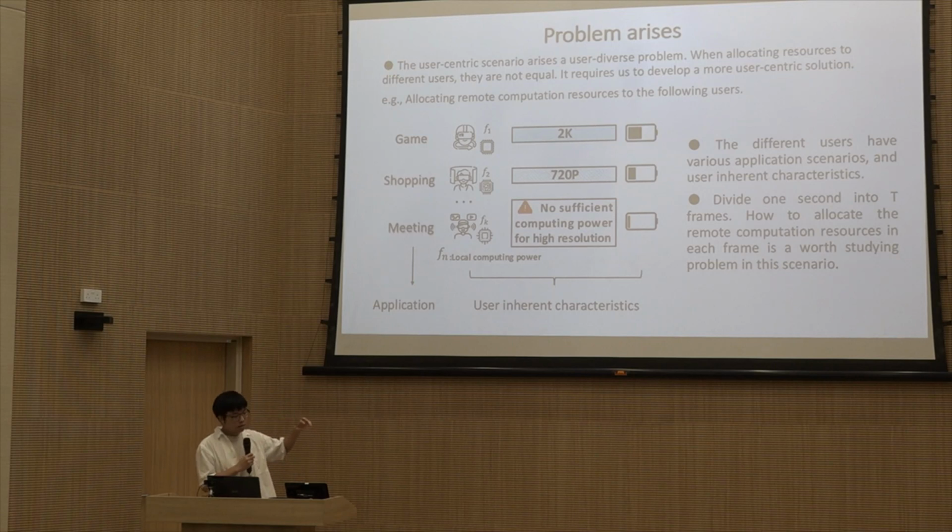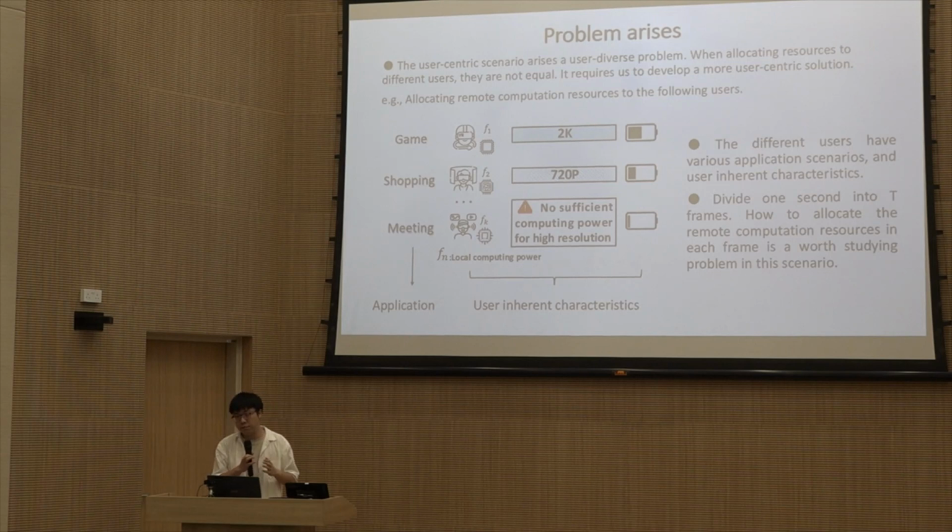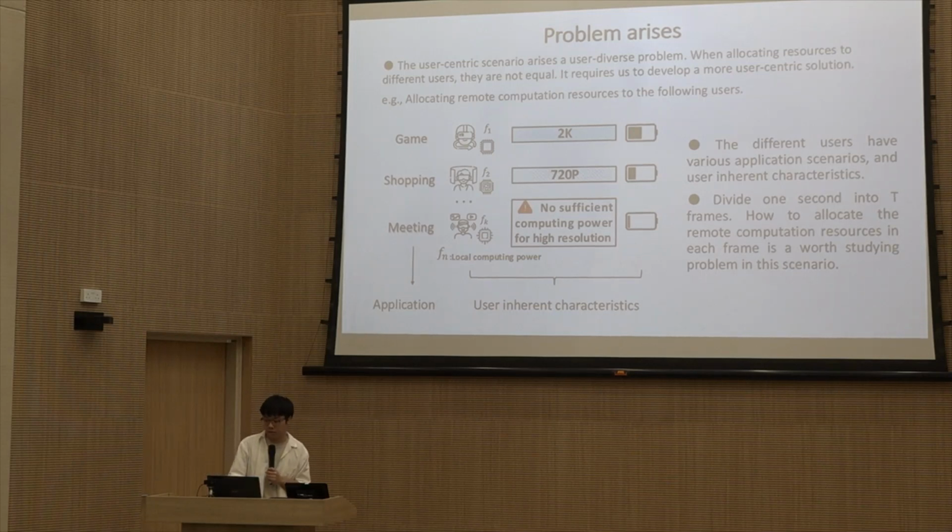So the game, shopping, and meeting are the different applications in this scenario, while the others are the user inherent characteristics. If we divide 1 second into T frames, because FPS is just frames per second, how to allocate the remote computation resources in each frame is a problem worth studying in this scenario.